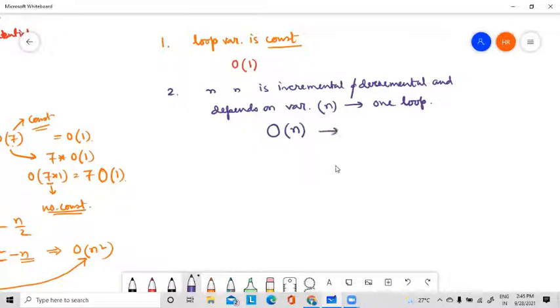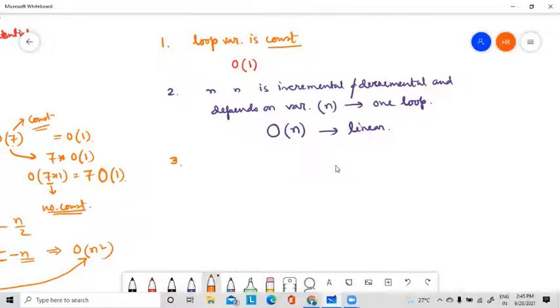This is linear. This is constant, this is linear. So if in your code you are using a single for loop, and the loop value is increasing by 1 or decreasing by 1, then we can say that the time complexity is order of n.